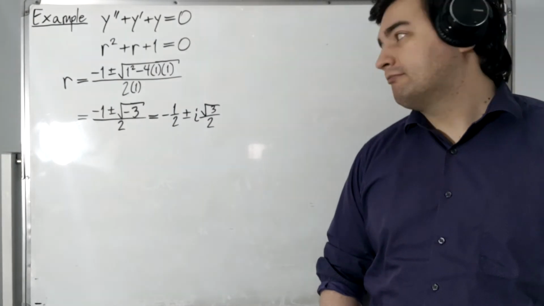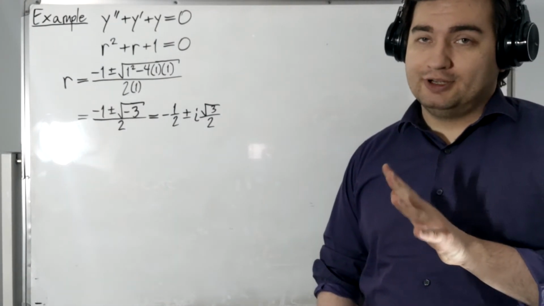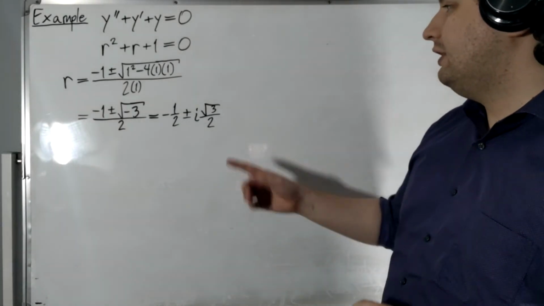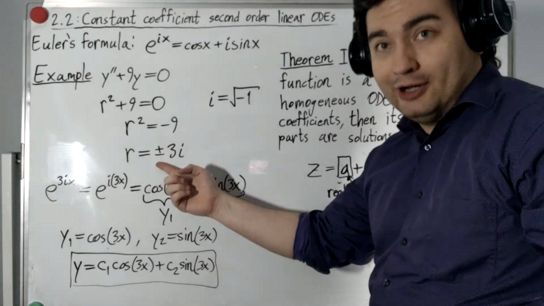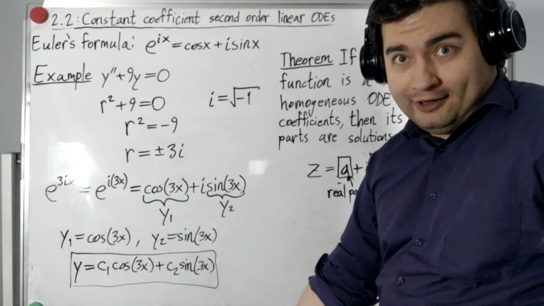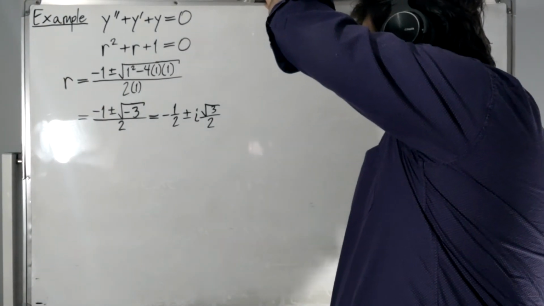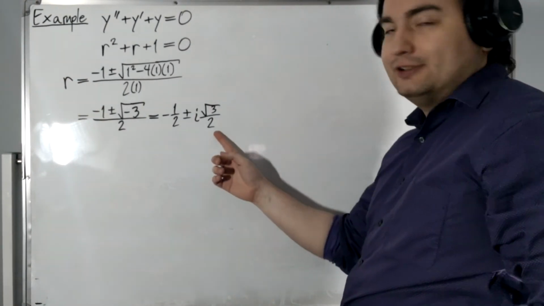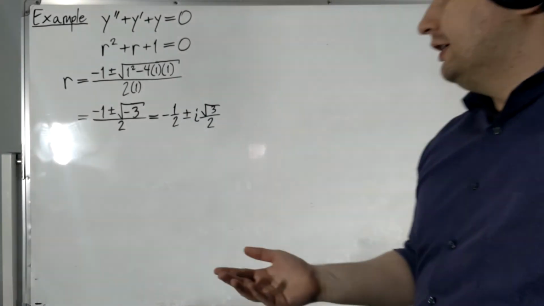All right. So now this is a little bit different from the previous example, because in the previous example there was no real part. The real part was 0, right? Whereas in this case, we actually have a non-zero real part and also a non-zero imaginary part. That's fine. We do the same thing as we normally do.